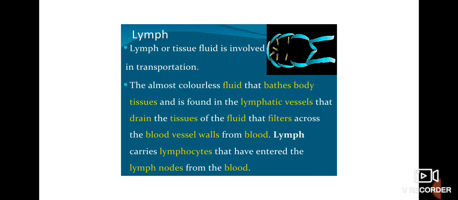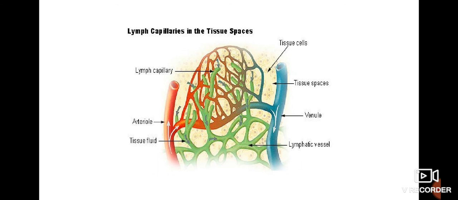Once they fill the tissue space, that is known as lymph, which is carried by lymphatic vessels, and they are responsible for carrying different types of waste materials present in the tissue space back towards the heart.